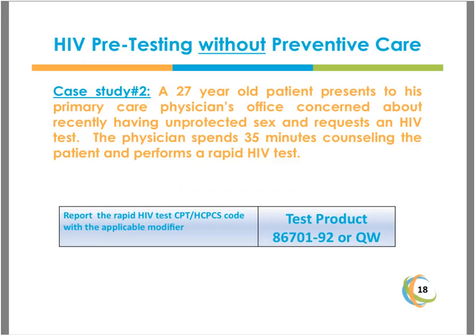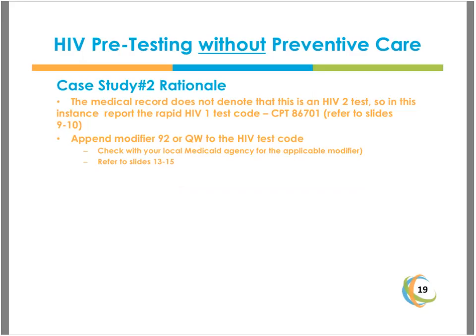The second example is an HIV pre-test without preventive care. Again, the codes are the same, so we're not going to spend too much time with this example. The rationale is the same.